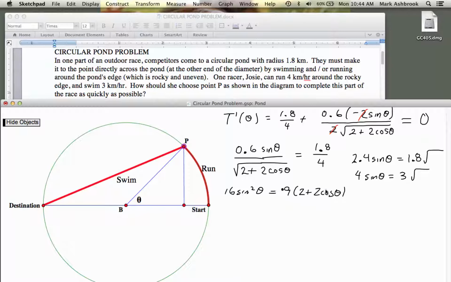It would be nice if this was all in either sine or cosine. Cosine squared plus sine squared equals 1, so sine squared equals 1 minus cosine squared. By substituting in 1 minus cosine squared, I get a quadratic of cosine.